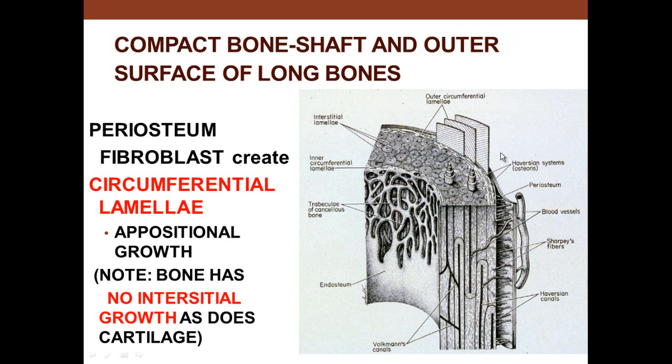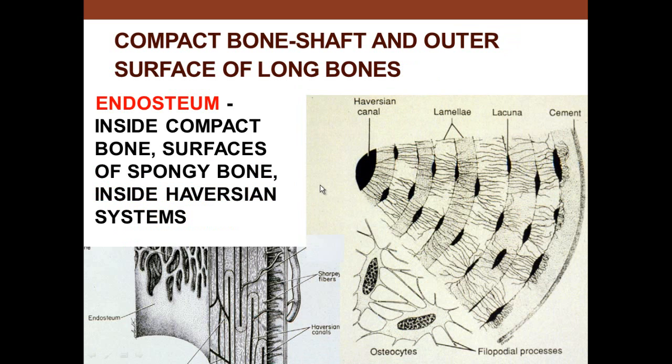So it grows here by appositional growth, and it grows on the inside, and we call that endosteum. So what's on the inside of bone, covering bone, is the endosteum, and again you get deposition of bone in the appositional approach. In these Haversian systems you have a similar thing.